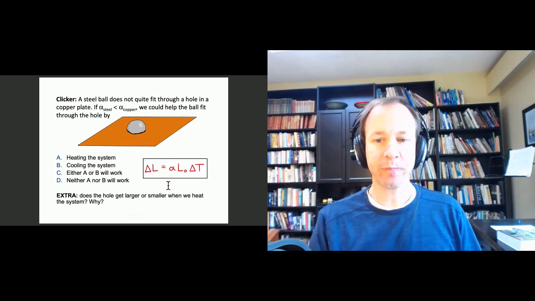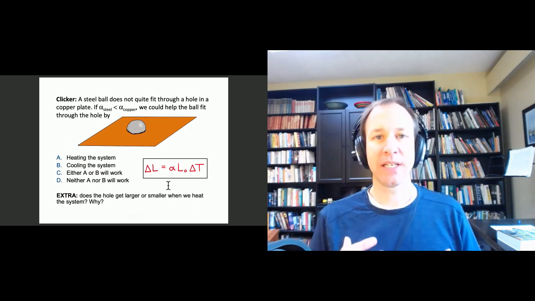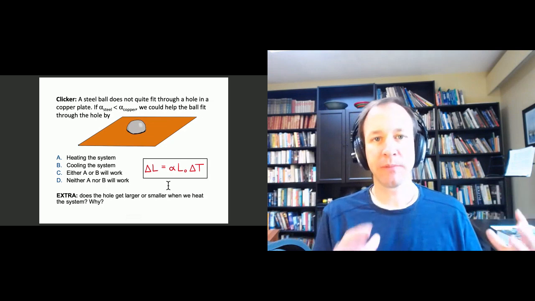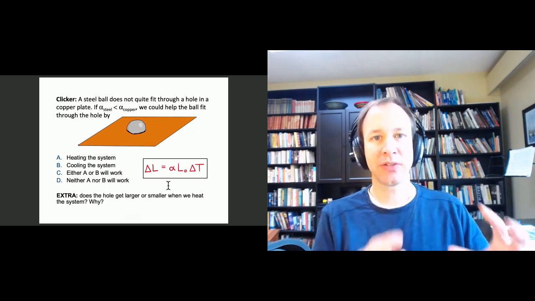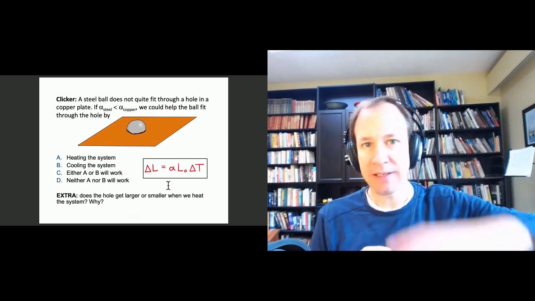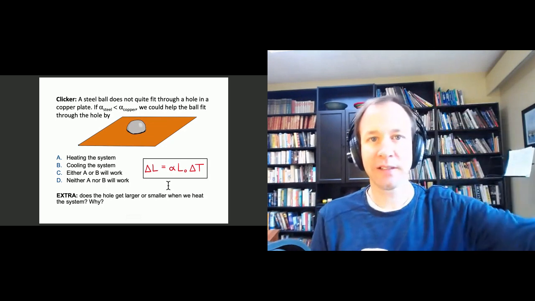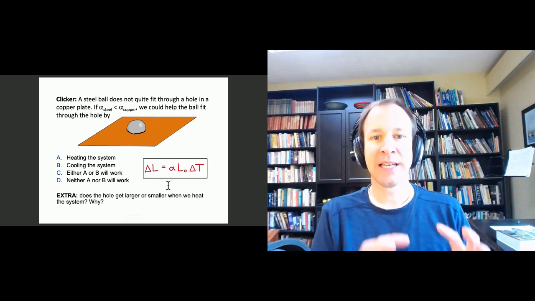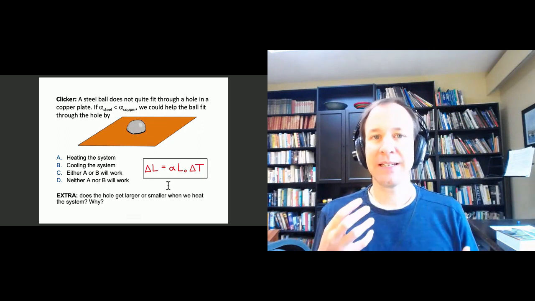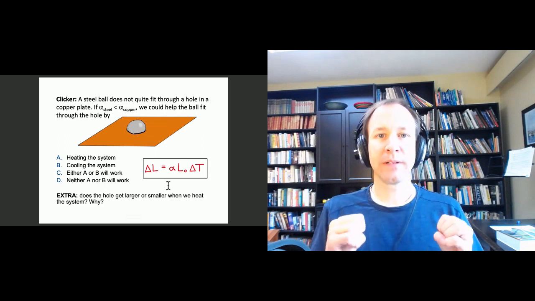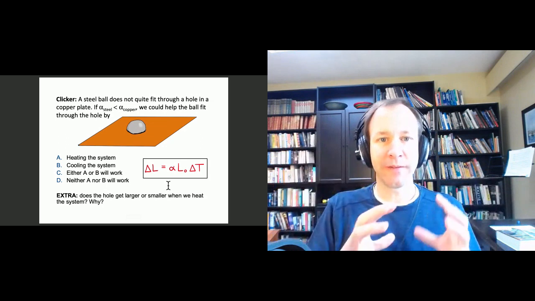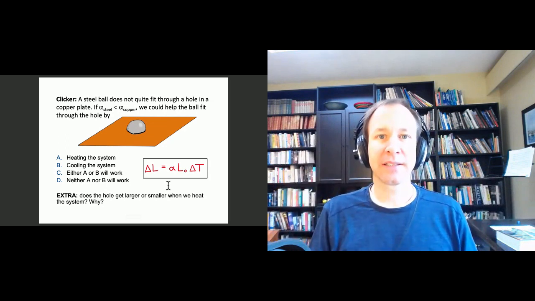Okay. So in many situations, you don't just have one material, you have multiple materials. If you're building a structure, oftentimes you have maybe copper for part of it, or steel for part of it, or concrete for part of it. And these materials are attached to one another. And so it turns out to be very important to think about the relative thermal expansion of various materials that are in contact.